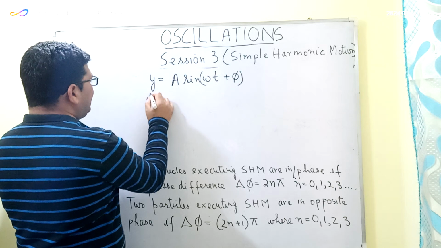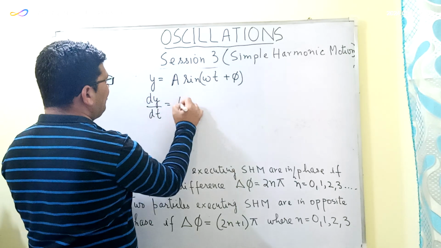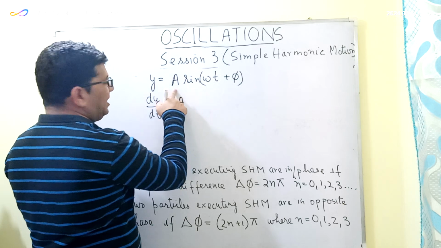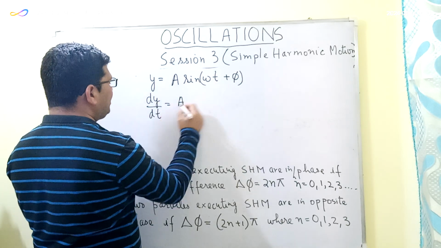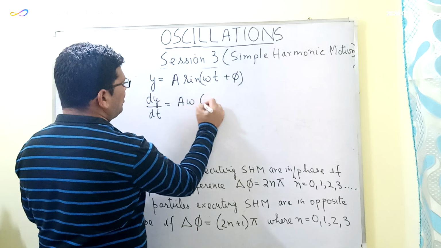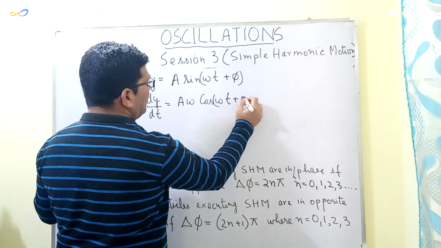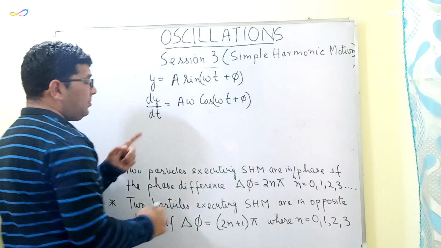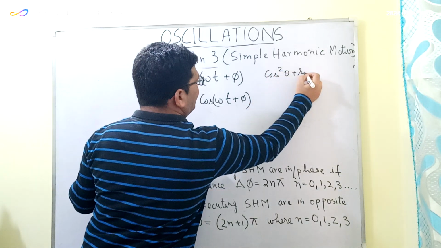Now if I differentiate this equation with respect to t, dy/dt will be equal to what? A is a constant. Differentiating sin(ωt + φ) with respect to t, I will get Aω cos(ωt + φ). Now we know that cos²θ + sin²θ is equal to 1.